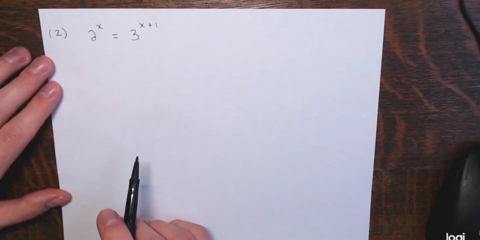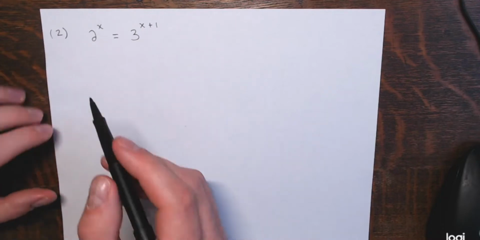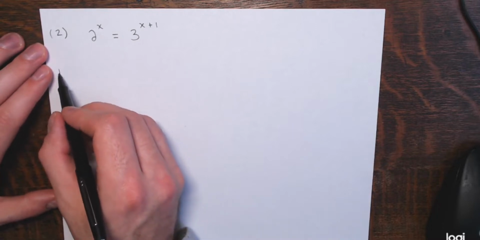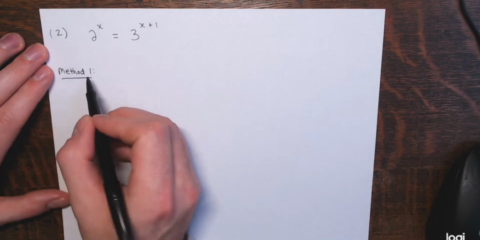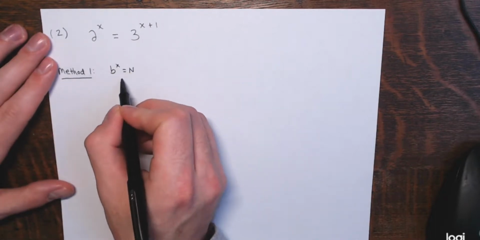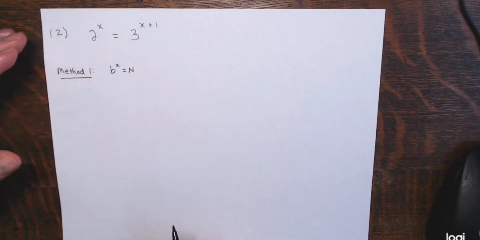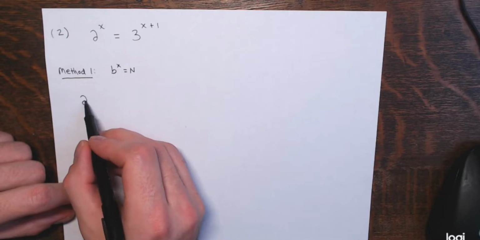I'm trying to solve this, find a value of x that makes both these true. So again, I'll call them method 1 and method 2. I'm not going to write the steps out again. But method 1, I want that b to the x equals n, and then I change to log form. So the left side already has 2 to the x.